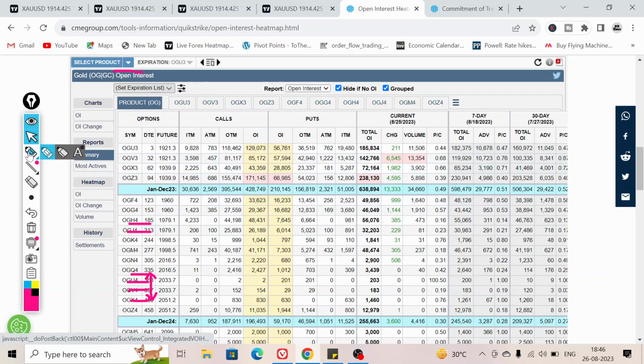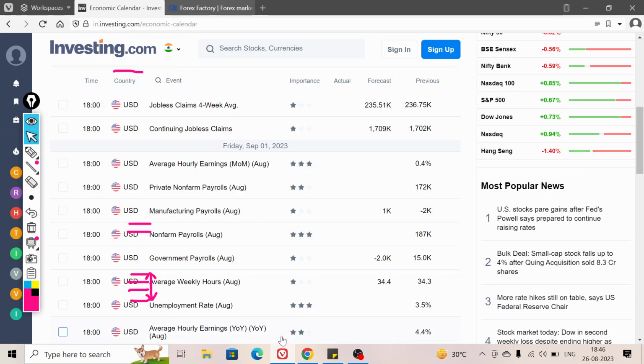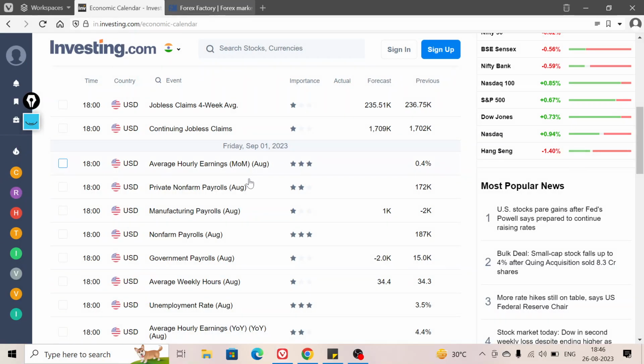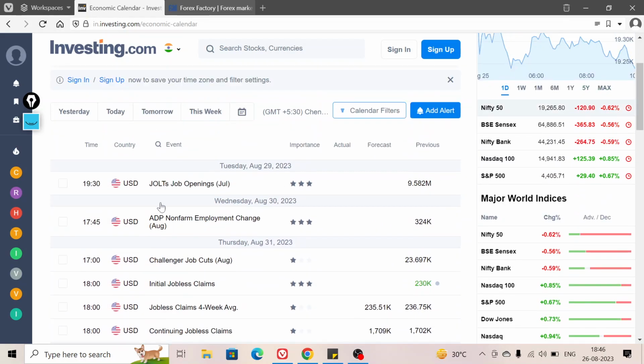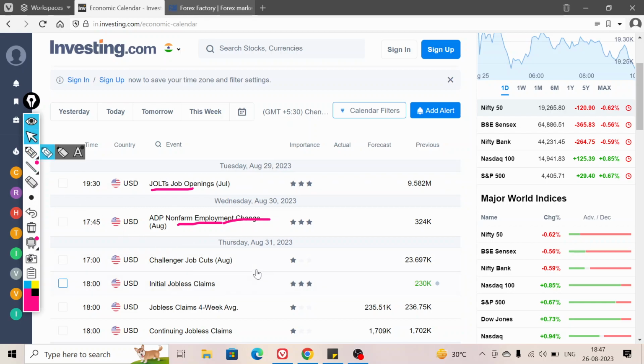So we have to watch how price is going to react, because next week we have lots of fundamental data. You can see on Tuesday we have the job openings data, then ADP non-farm employment change on Wednesday, then initial jobless claims on Thursday.